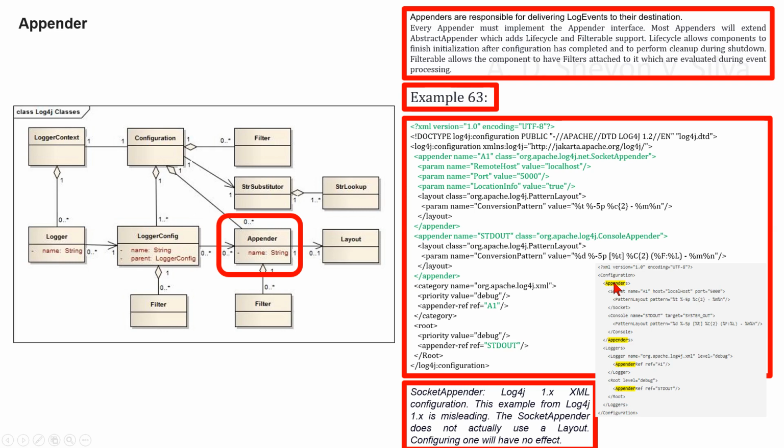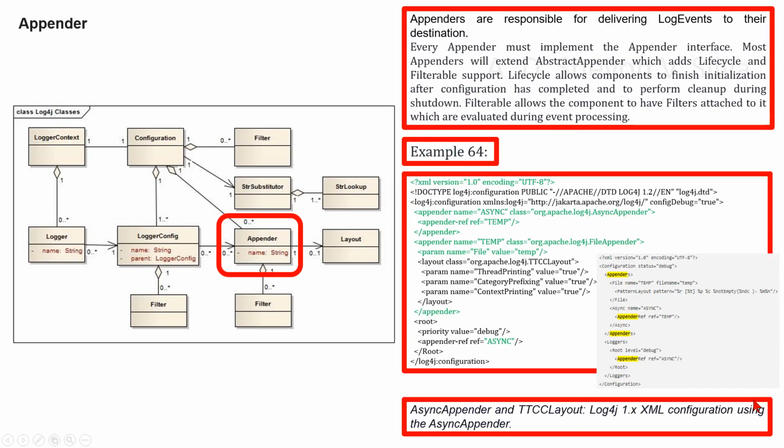Log4j 2.xml configuration. Here, the async appender, and you consider now the async appender TTCC layout. Here is the Log4j 1.x XML configuration using the async appender.